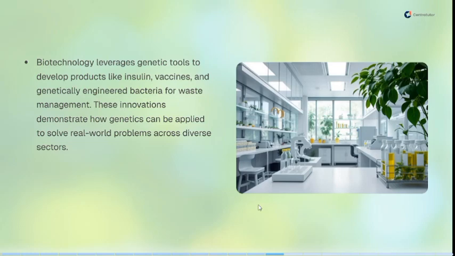These bacteria would feed on this waste and decompose it, so that it can be released into the environment without being as harmful as it previously was. These kinds of applications are where biotechnology uses genetics. These innovations demonstrate how genetics can be applied to several real world problems across diverse sectors.